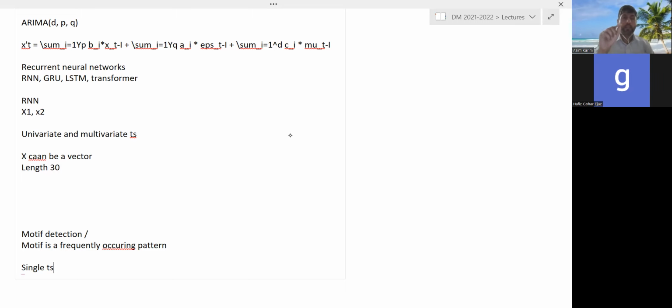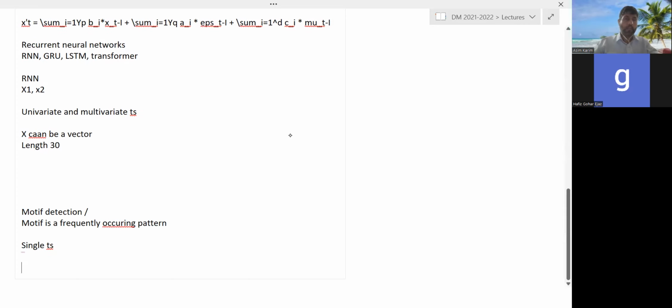So what is the pattern? You can even actually give values. So let's say values could be 20, 25, 28, and 22. So let's say these values or values that are close to this are most frequently occurring in a single time series. And let's say this time series is for temperature.